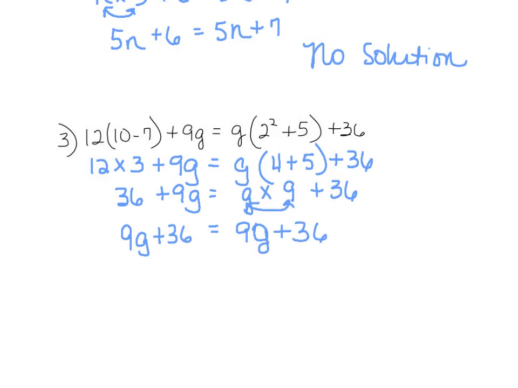So notice with me that 9g + 36 equals 9g + 36. No matter what number I substitute for g, any number, all numbers, will make this a correct statement. So my solution here is all real numbers.